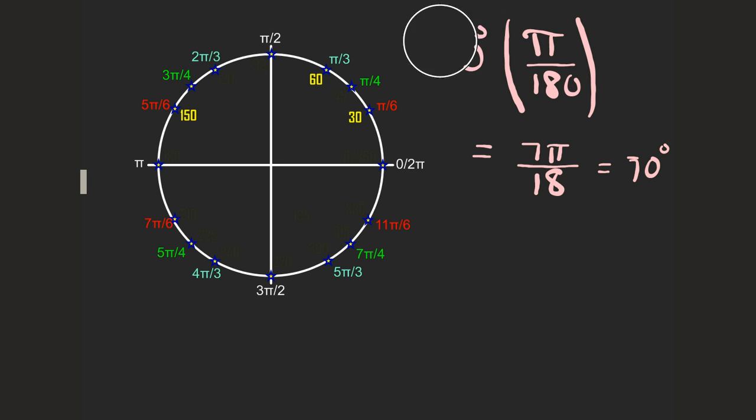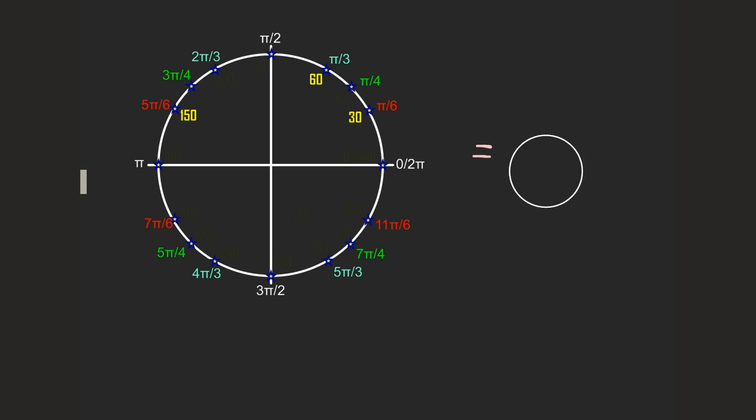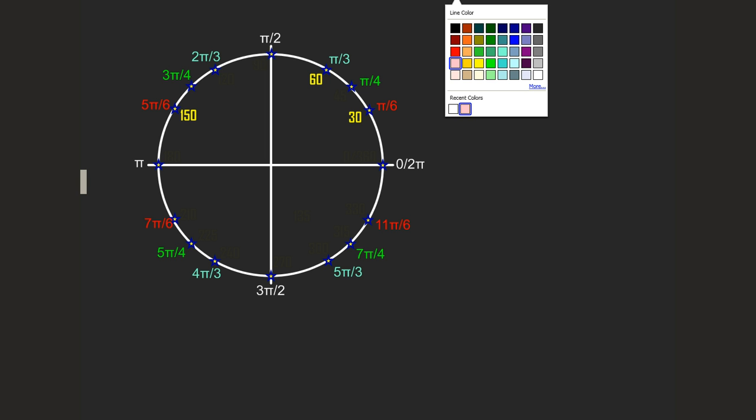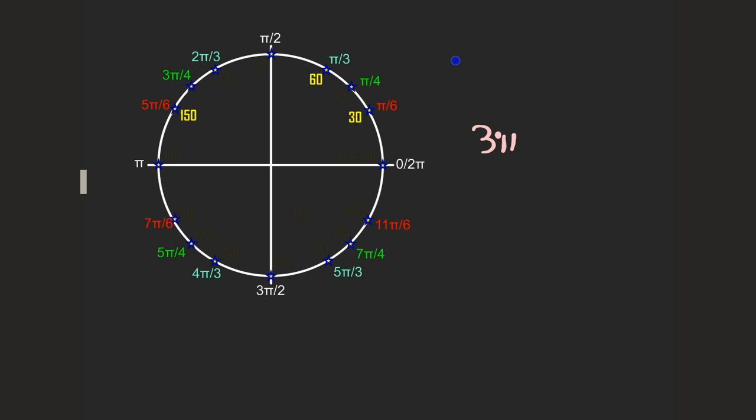Similarly, if you want to go the other way, from radians to degrees, then you multiply by the reciprocal of that. Let's do an easy one. 3 pi radians. How many degrees is 3 pi radians?